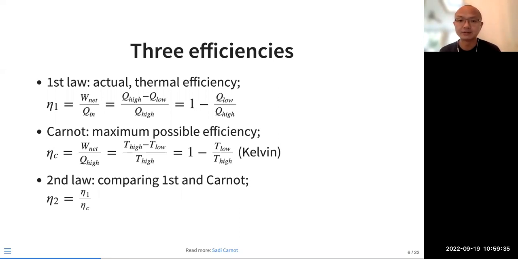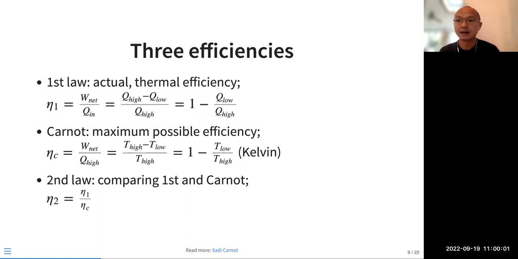That shows the maximum possible efficiency. So the lower temperature, as I mentioned, is very often the ambient temperature, which is 20 degrees C, in the range of, right? From 0 degrees C to 40 degrees C, for example, ambient temperature.